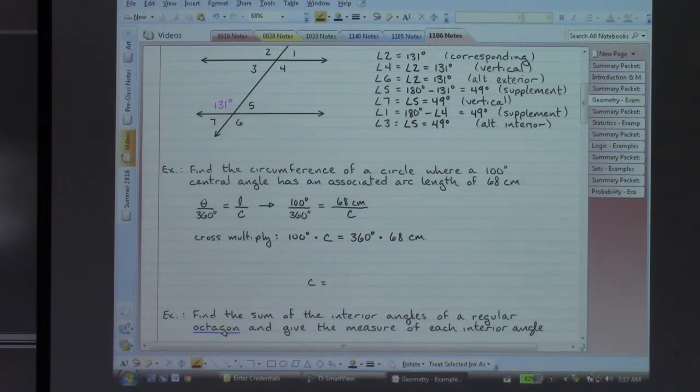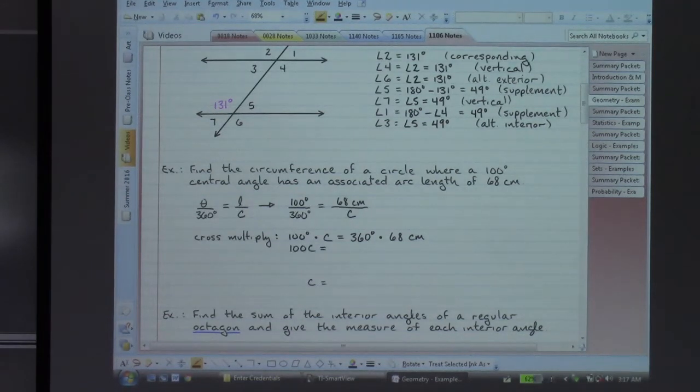Now we are in a position where we can get that circumference, C, by itself by dividing. If we wanted to, we could also say that the degree symbol on the left and the degree symbol on the right can be removed.